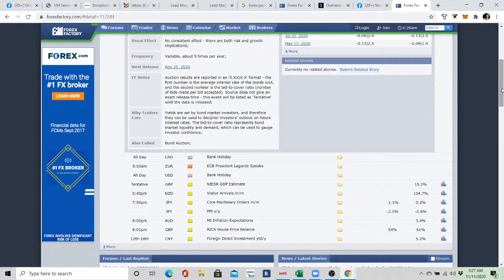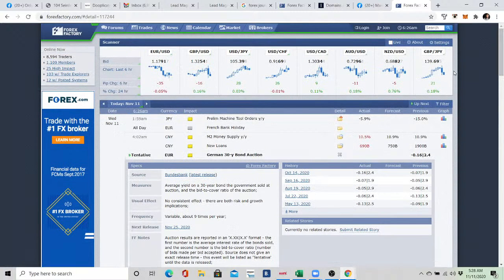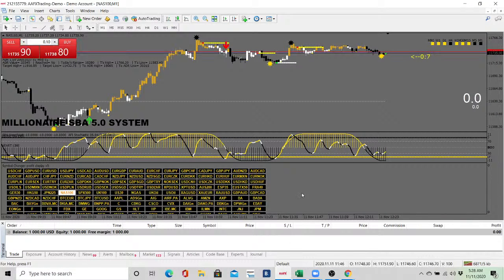Apple, Amazon had a lot of news. That means keep your eye on NAS. So it's a bank holiday going on. Let's get back to the charts.